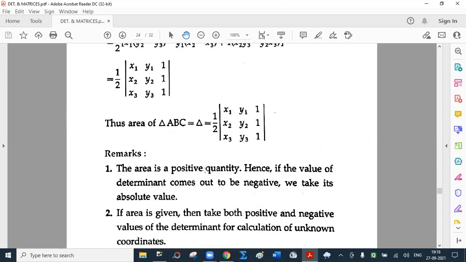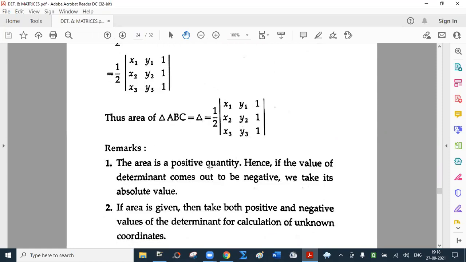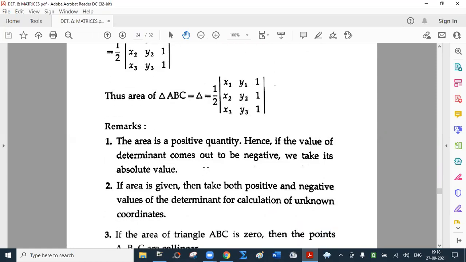Now the area is a positive quantity. So if the value of the determinant comes out to be negative, we take its absolute value, that is the modulus value. If area is given, then take both positive and negative values of the determinant for calculation of unknown coordinates. Obviously, because if the value of the determinant is -4, then also we say area is half into 4.